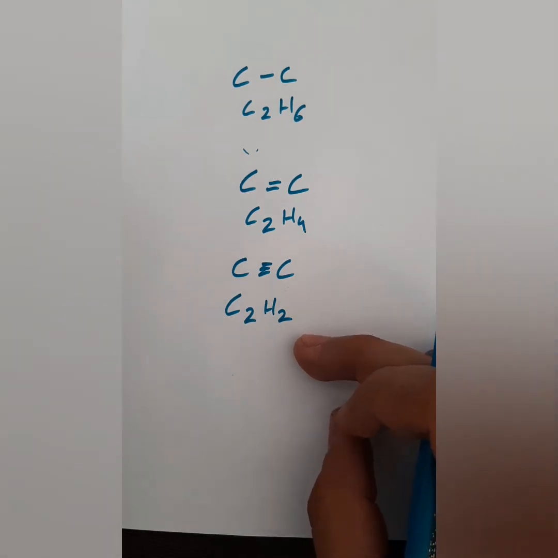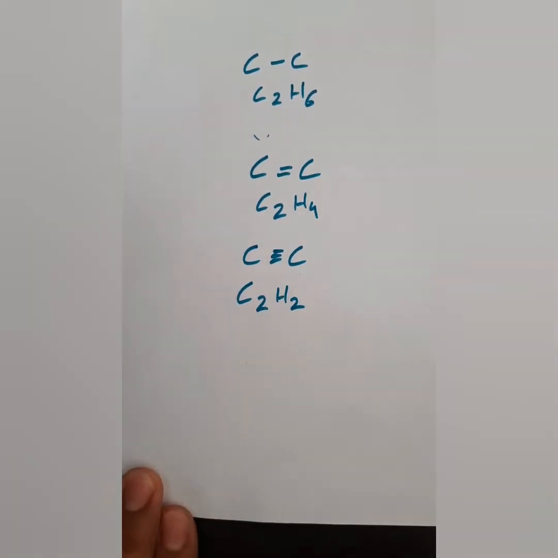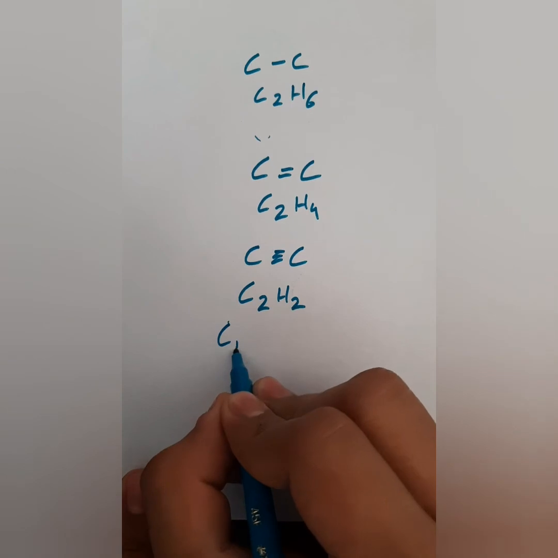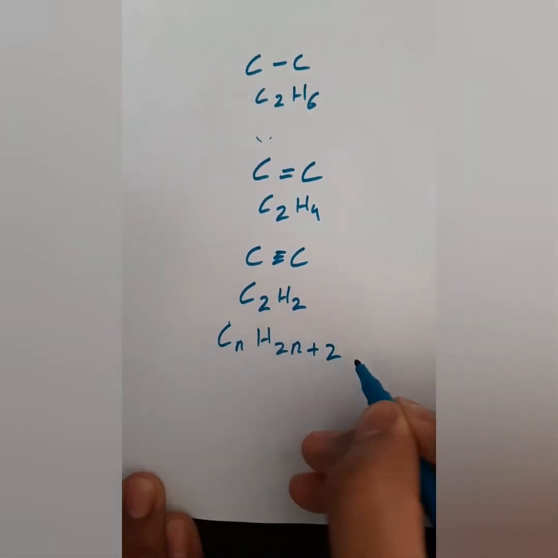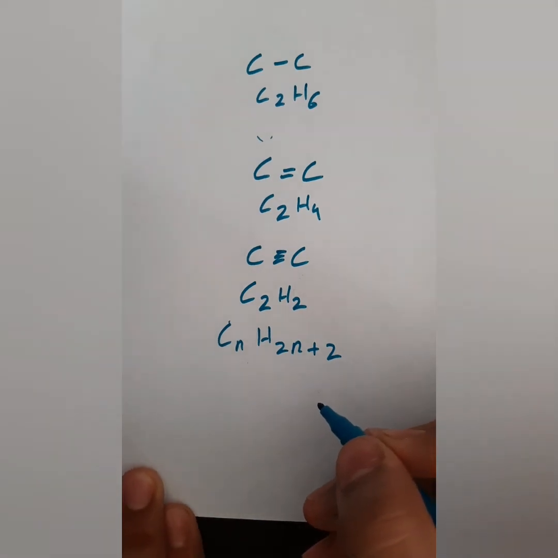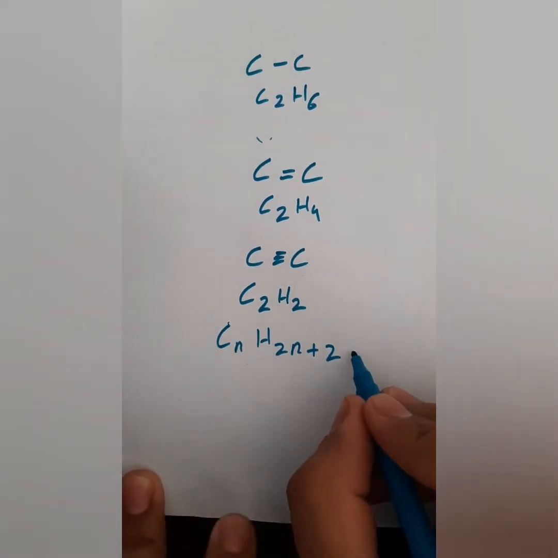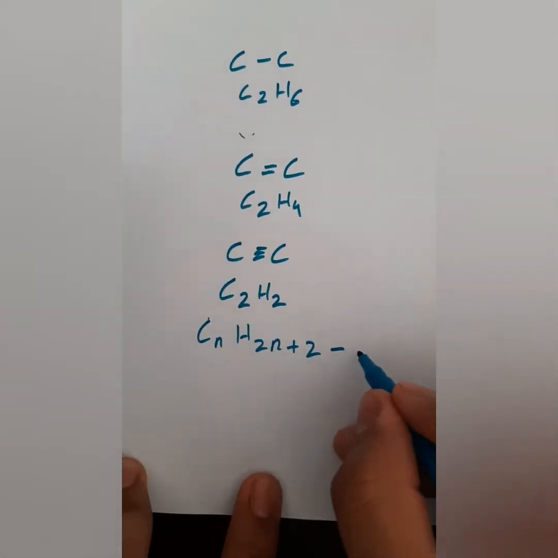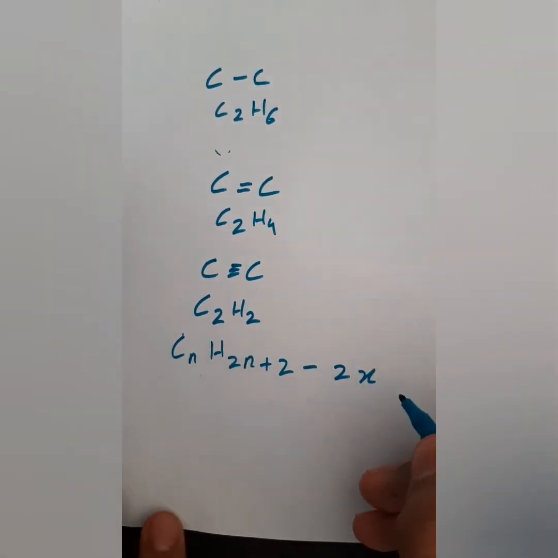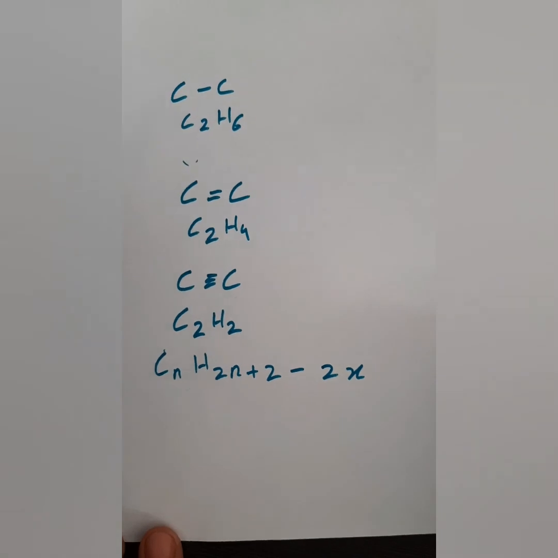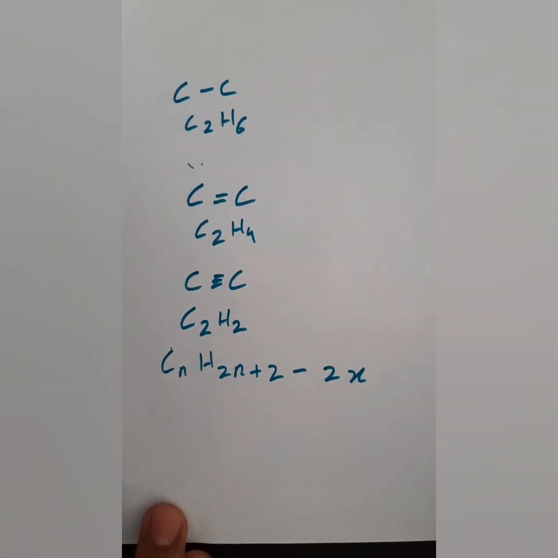So just by applying the unitary method, we will consider every carbon compound as an alkane. So we have CnH2n plus 2. And now whatever the number of double bonds is, we are just going to subtract 2 times the number of double bonds. Why? Because each time we add a double bond, the number of hydrogen atoms reduces by 2.